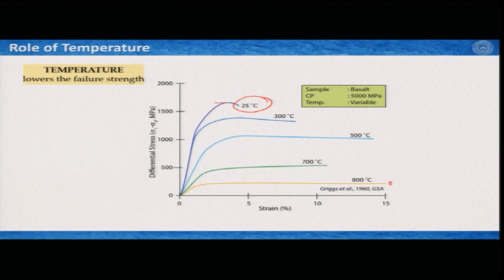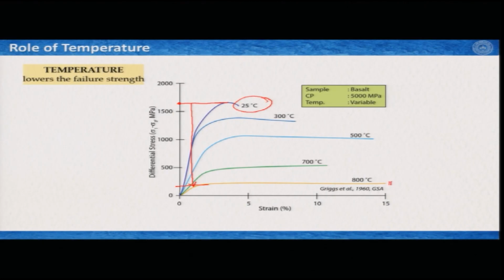So, here the peak strength is close to how much, 1600 megapascal, and here it is probably 150 megapascal. So, 1500 megapascal, the strength is reduced by raising the temperature from 25 degree centigrade to 800 degree centigrade, and this is remarkable.